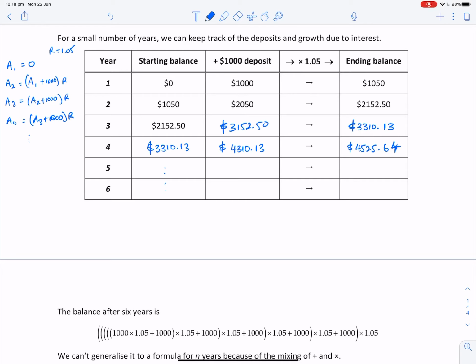Then this can be calculated very quickly on the calculator using the answer key. I can't show it, but I can talk through it. I put 0 equals, and so now the answer memory has 0 in it. Now I go bracket answer plus 1,000 close bracket times 1.05. I hit equals and I get 1,050.